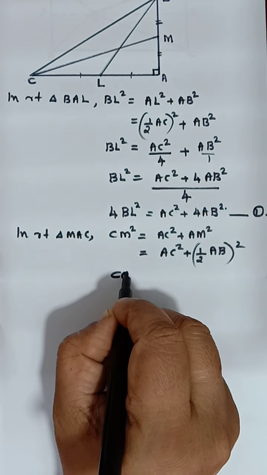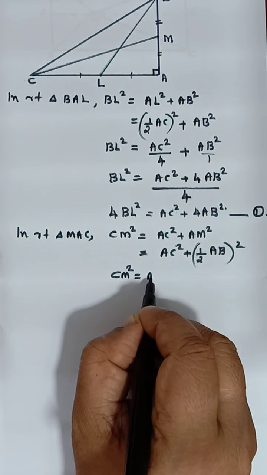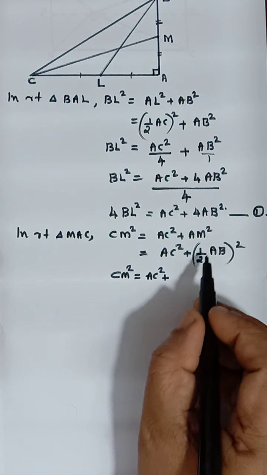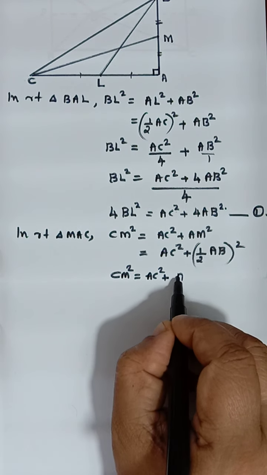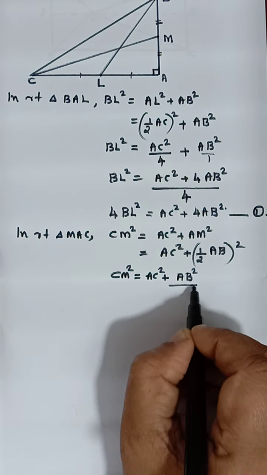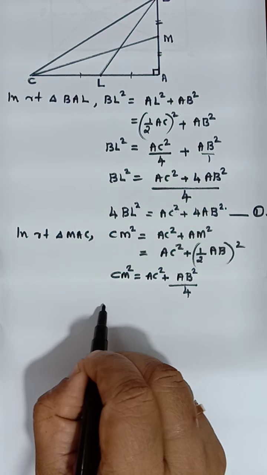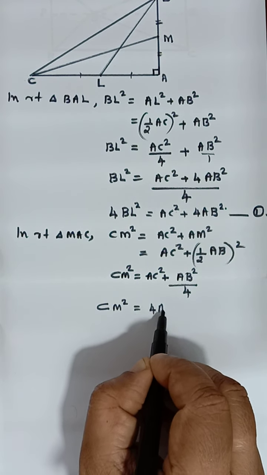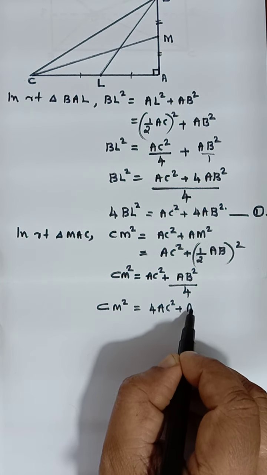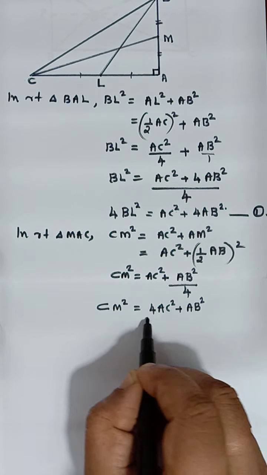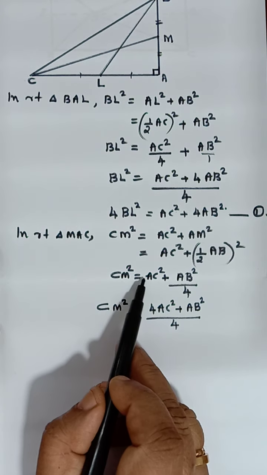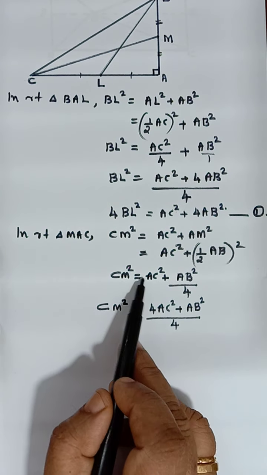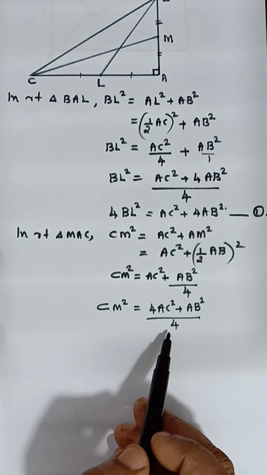That is CM square is equal to AC square plus 1 by 4 AB square, or AB square by 4. As we are doing, we cross multiply: 4 AC square plus AB square whole divided by 4.